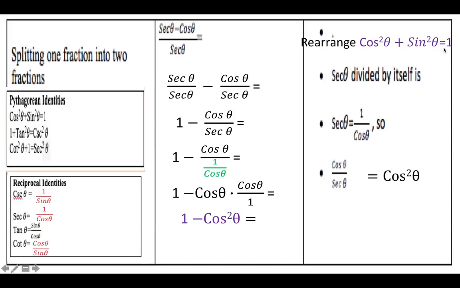If I use my first identity, if I subtract cosine squared from both sides, I get that sine squared theta is equal to 1 minus cosine squared theta. So basically, it's like we created a new identity using the first identity. So basically, 1 minus cosine squared theta is equal to sine squared. So that's what I'm going to rewrite. There we go. So now we finally reduced this into this last term.